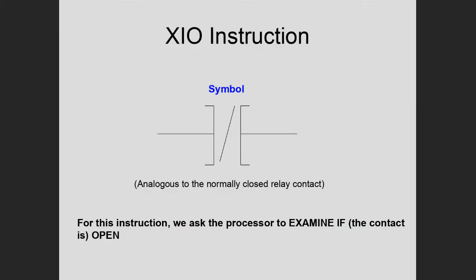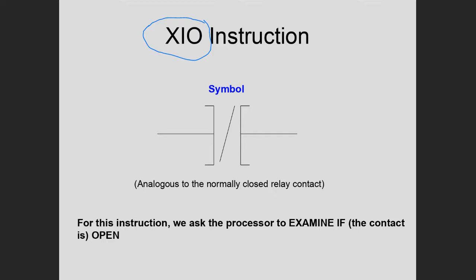Then you have this one. This kind of reminds you of a normally closed contact. It looks like that on purpose so that plant electricians can understand it. But actually, this is the examine if open, the XIO, which stands for examine if open. It looks like a normally closed relay contact, but what this is looking for is an open switch.